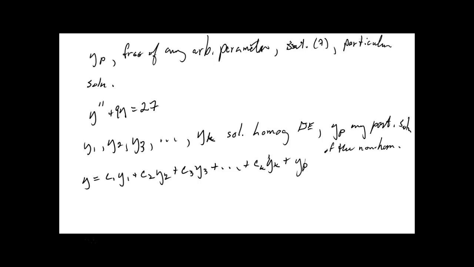Now, if you took the first derivative of all these and the second derivative of all those, these here are going to satisfy that equal to 0. That part will satisfy that equal to 27. That's just a 2 case, this is a k case. But that's basically what it's getting at. That's also a solution: the linear combination of those other solutions for the homogeneous case plus the particular.